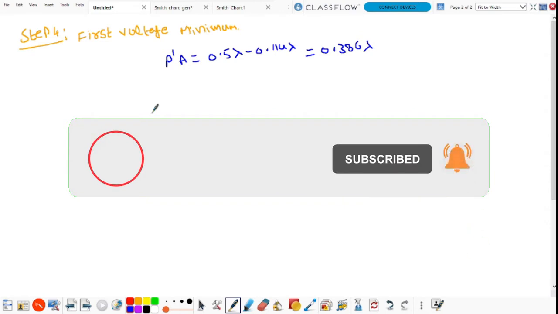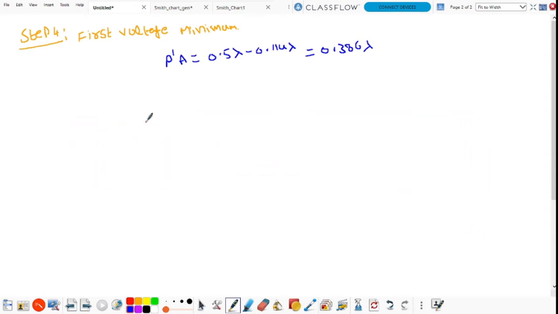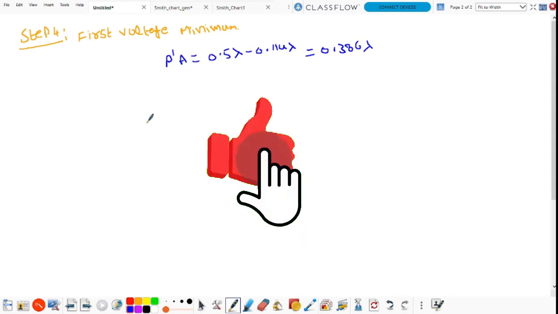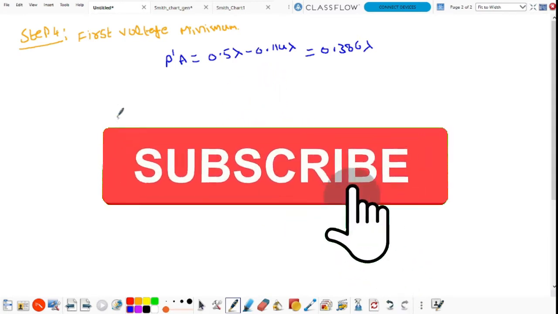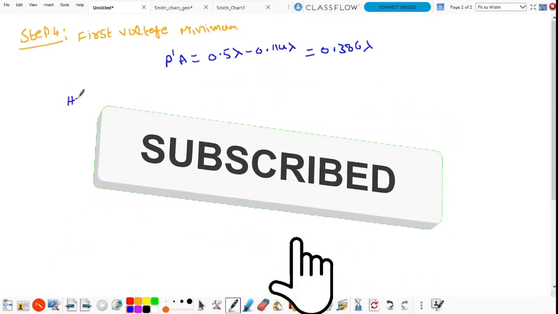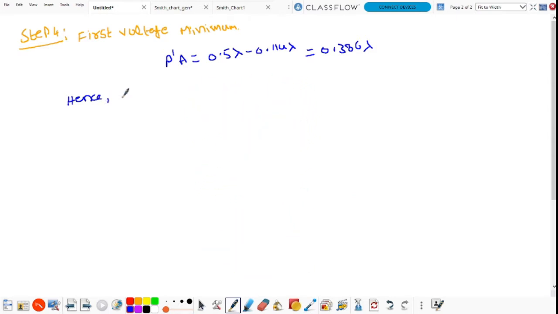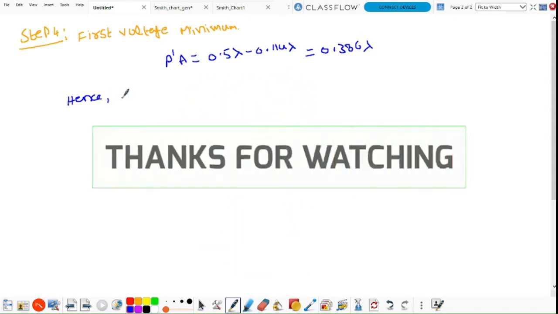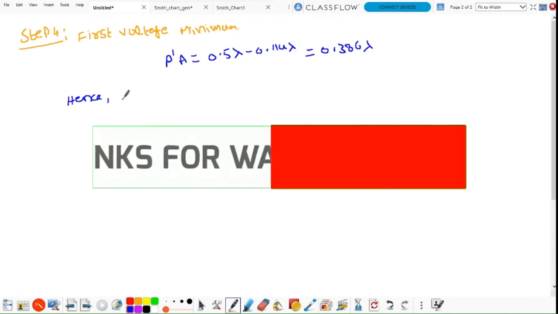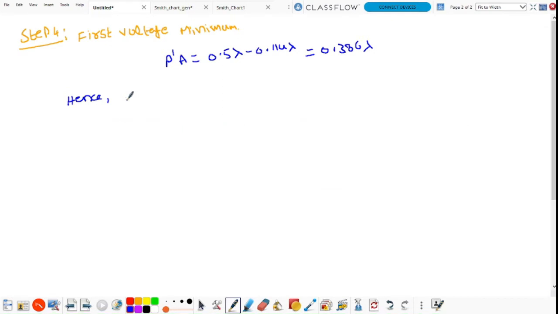Hence, the distance between the load and the first voltage minimum, Y minimum, is equal to 0.386 lambda.